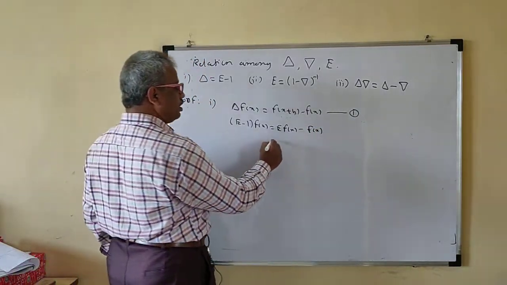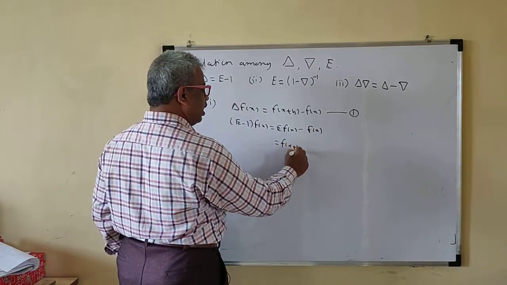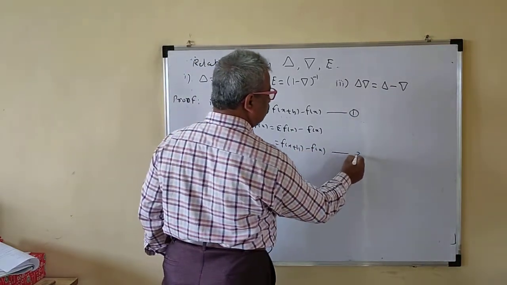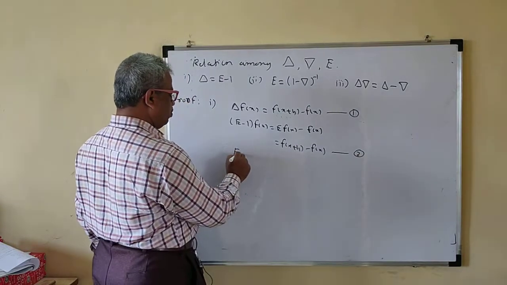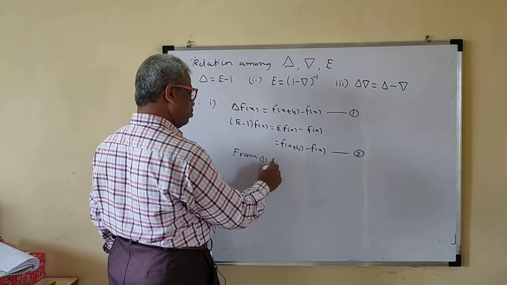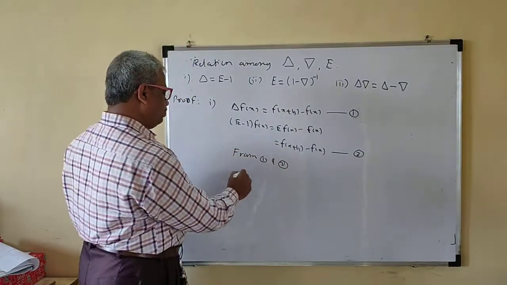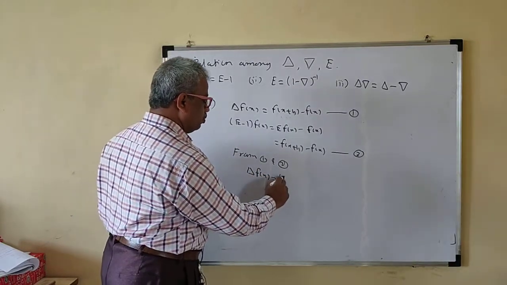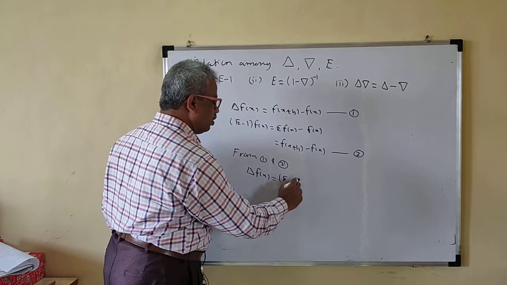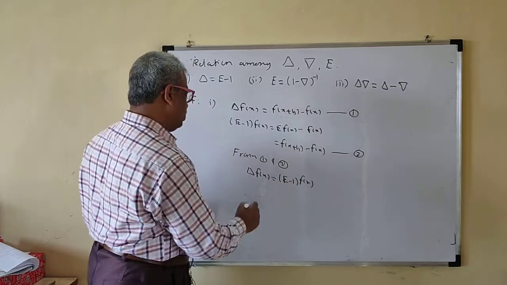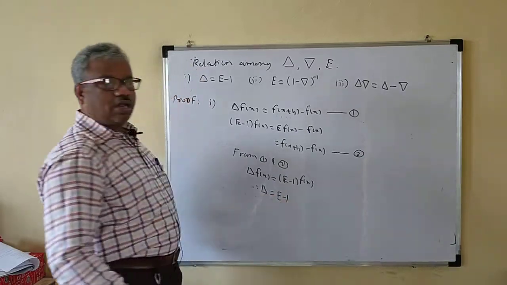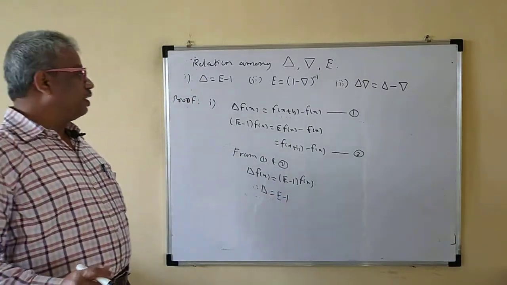So E f of x is nothing but f of x plus h, minus f of x. We call this 2. So from 1 and 2, delta f of x is equal to E minus 1 f of x. So therefore delta is equal to E minus 1, or delta is equivalent to E minus 1.